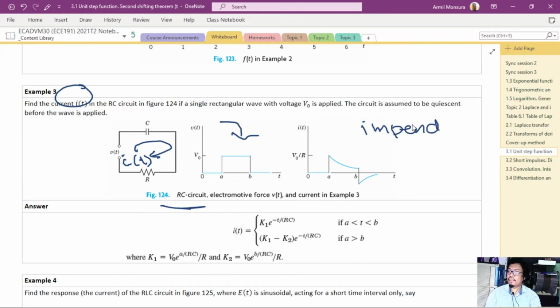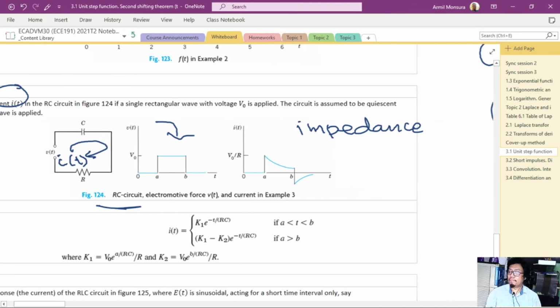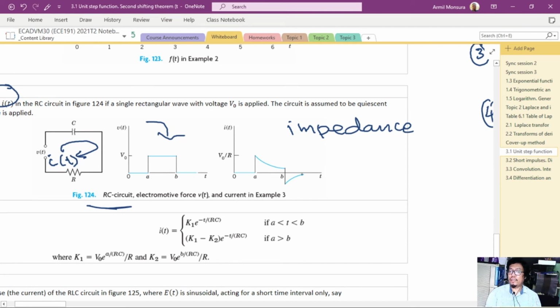Impedance refers to the manner by which your circuit tries to stop changes in voltage or in current, essentially in current.